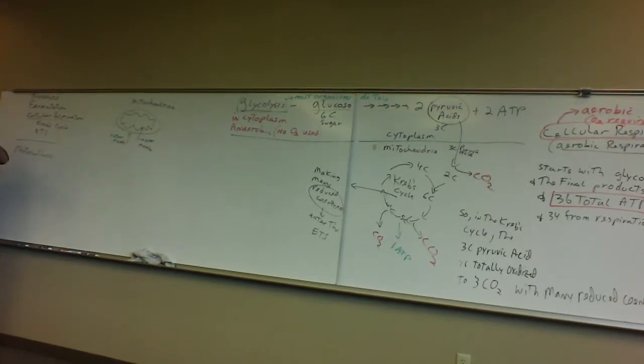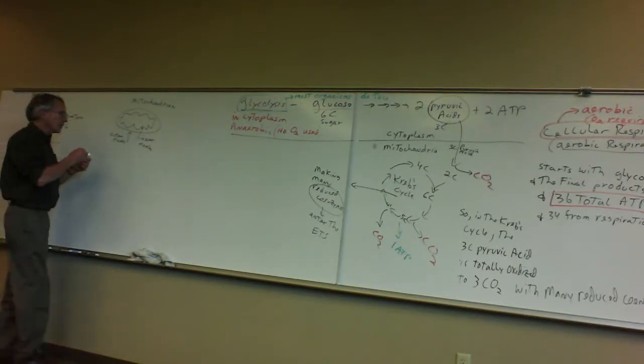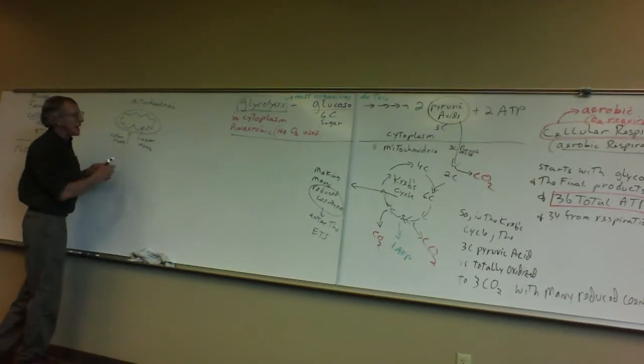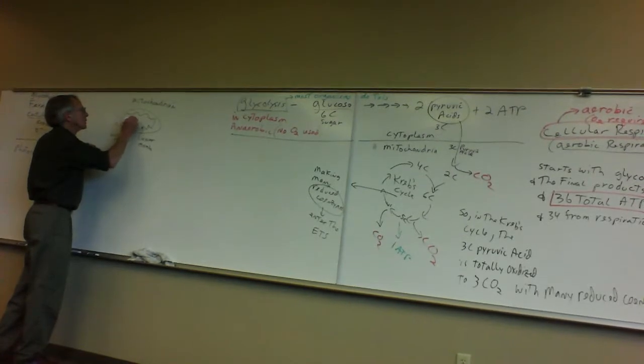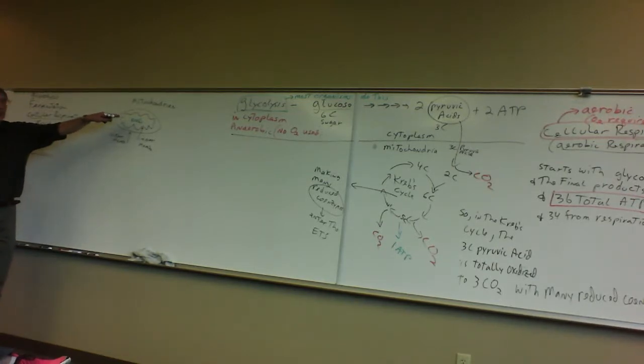Just for your knowledge, it's not going to appear on the next test, but the electron transfer system, or the respiratory enzymes as they're often called, are embedded in that inner membrane. All the Krebs cycle reactions take place out here, which you could call the cytoplasm if you want. There's a term for the fluid in the mitochondria, but I can't remember what it is right now.